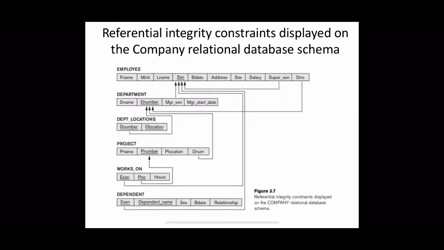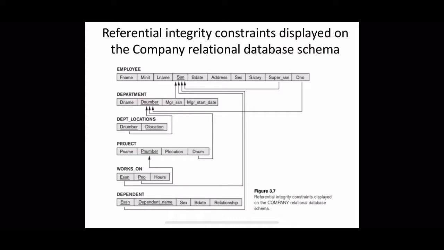Now how can the referential integrity constraints be displayed? These are the different relation schemas, employee relation schema, department relation schema, which all together form the company relational database schema, right? Now the referential integrities are marked using this directed arrow. In the employee relation schema, the DNO refers to the D number, which is the primary key of the department.